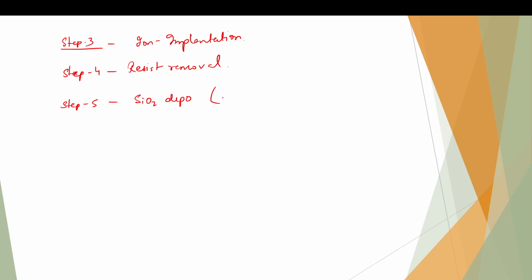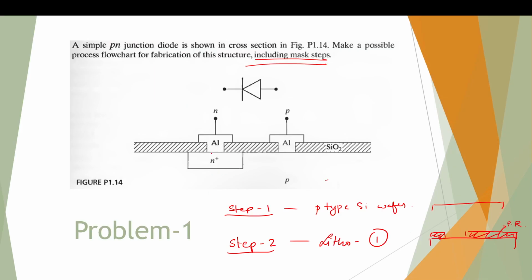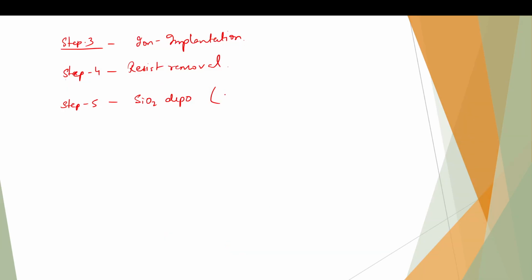We can probably use any of the CVD steps that we have learned. Preferably not high temperature ones, because that will change the diffusion profile of the n type dopants. So say PECVD. PECVD is also high temperature, but not as high, I guess.